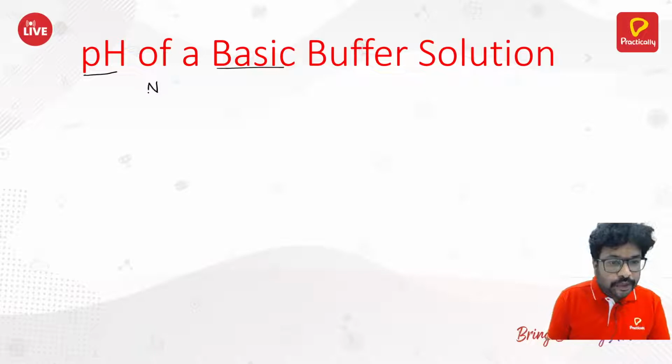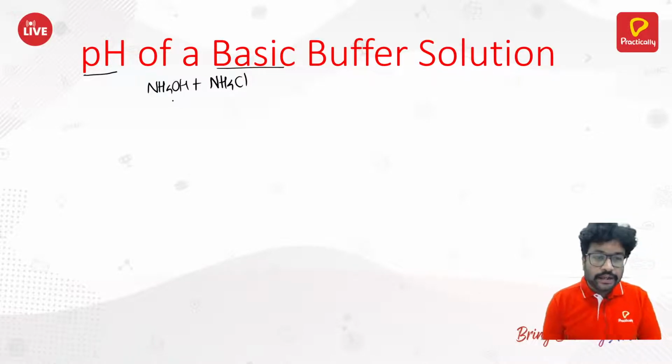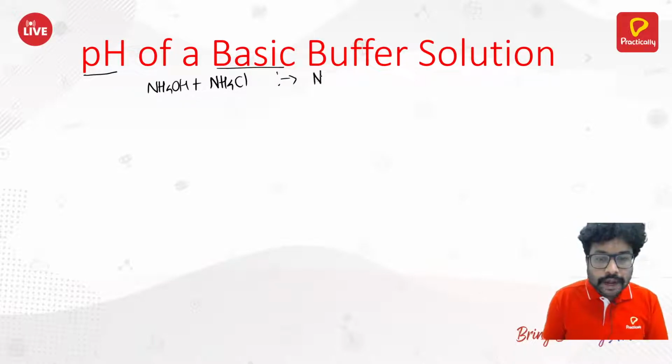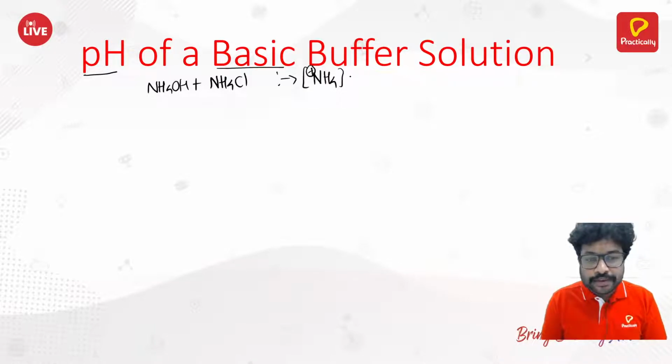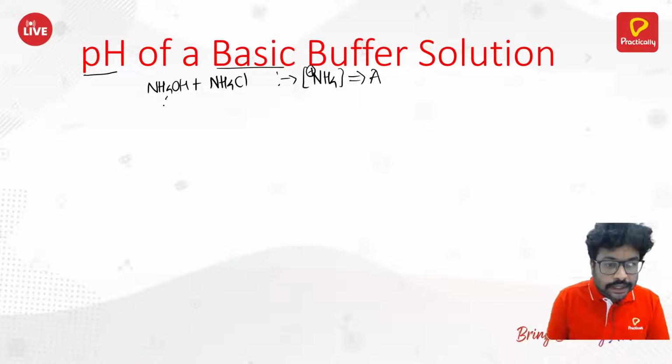NH4OH plus you have what? NH4Cl. Okay, so NH4 plus, let's name it A only, since it's an ammonium ion. So this is AOH and this is ACl.